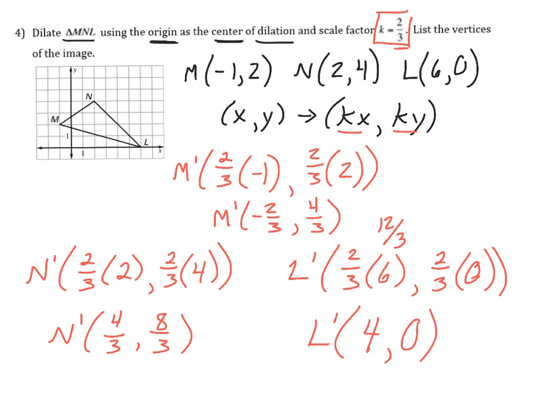Finally, I can graph my new coordinates. So I did my best plotting some of those fractions, but it looks like, as I said, it's definitely a reduction. So M prime, N prime, and L prime, when I connect it, should appear smaller than my original figure M, N, L.